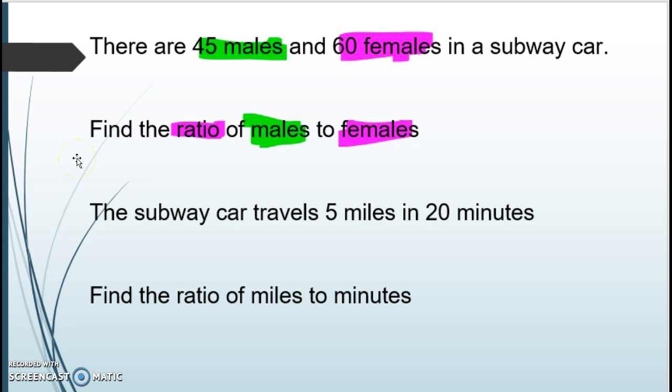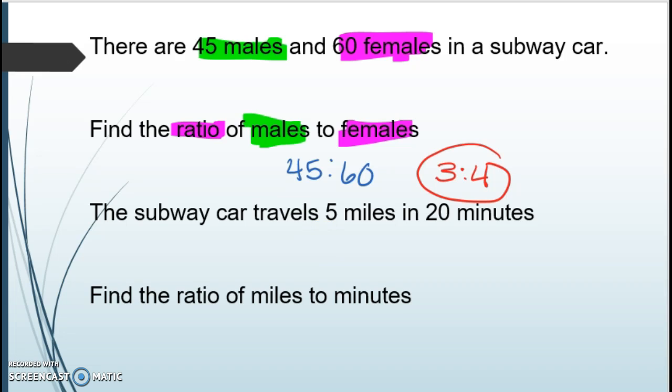Remember, we don't need labels. However, just like fractions, we need to make sure that this is most simplified. So I can take a 15 out of both of these numbers, and I'll be left with a 3 to 4 ratio, and that would be my final answer.